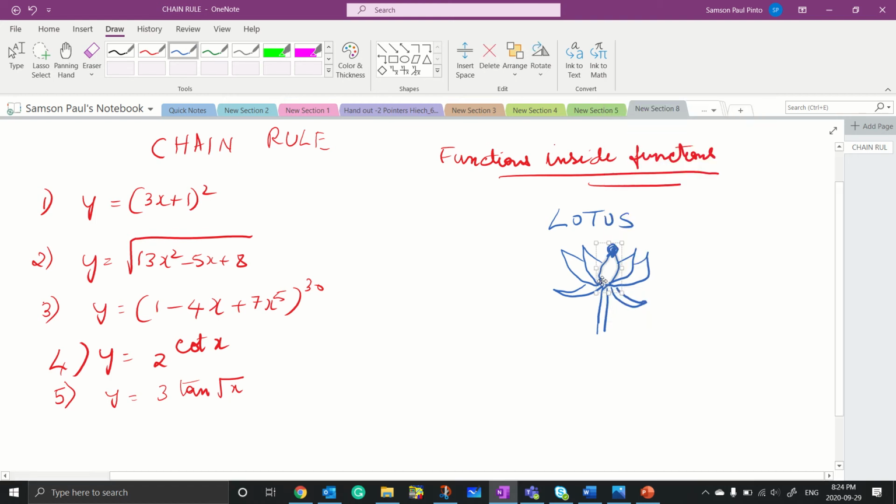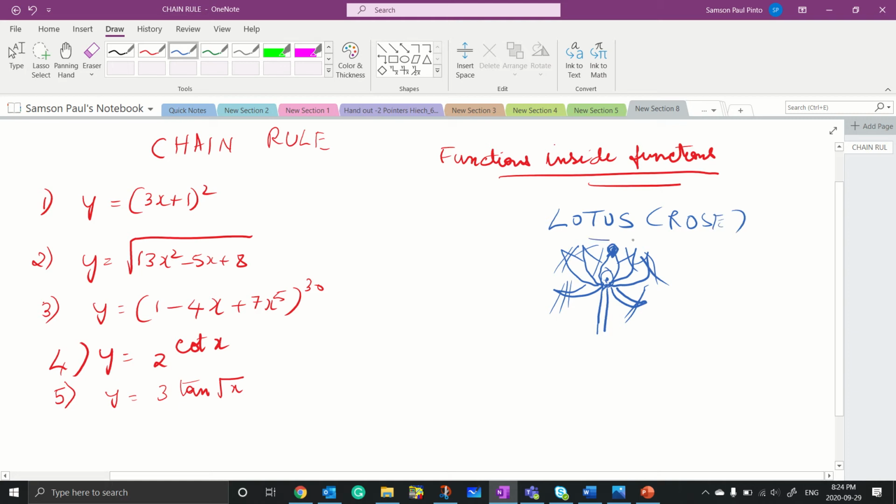You have no access to it, so you start removing petal by petal, starting with the outside petal first. First the outside petal comes out, then the next inside petal, then the next inside petal, until you reach the inside of the lotus. Or let us say rose, one and the same.